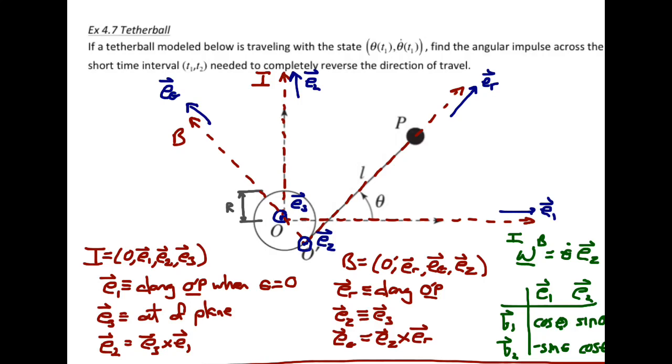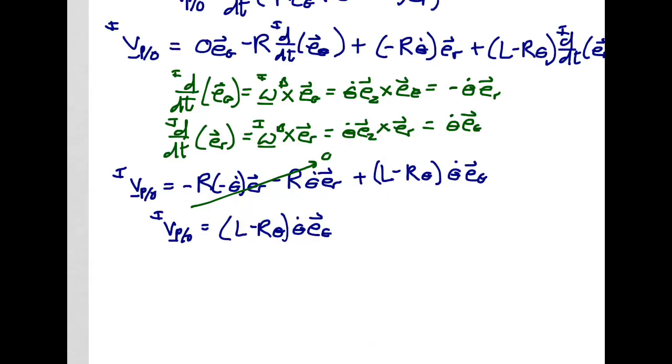So what's interesting here is that because O prime is moving, the velocity is always tangent to this path, but because it's shortening, it's always going to be perpendicular to O prime to P. Because this is shortening as we move around, we still get our spiral. The spiral is changing because of this L minus r theta. So that should show us that this expression for the velocity does make sense.